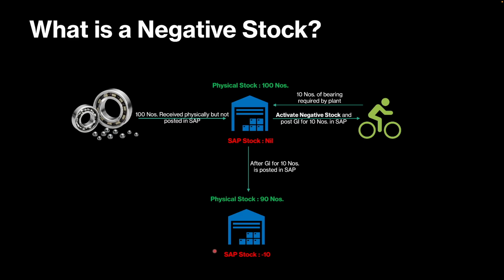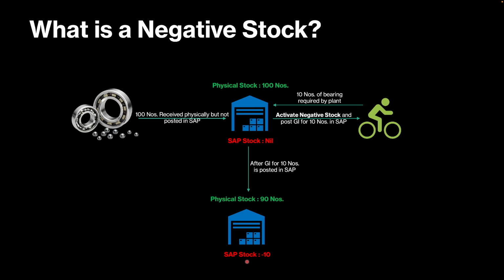Okay, so this particular stock is called a negative stock, and this negative stock will always tell you that a goods receipt has to be done in the system. This basically works as a demand for stock in your system. Whenever you see a negative stock against any material code in your plant, you have to understand that a goods receipt has to be done at a later stage.